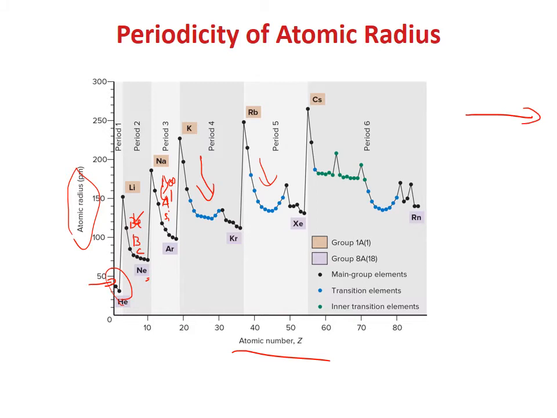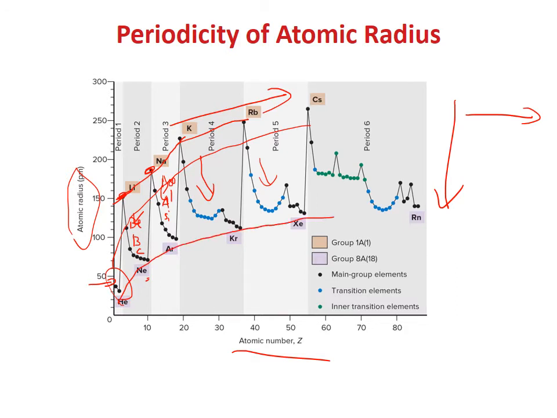Now if we look down a group, this is group 1: lithium, sodium, potassium, rubidium. Down a group, the size increases. For all the groups it increases, and this is group 8: helium, neon, argon, krypton, xenon. The size increases down a group.